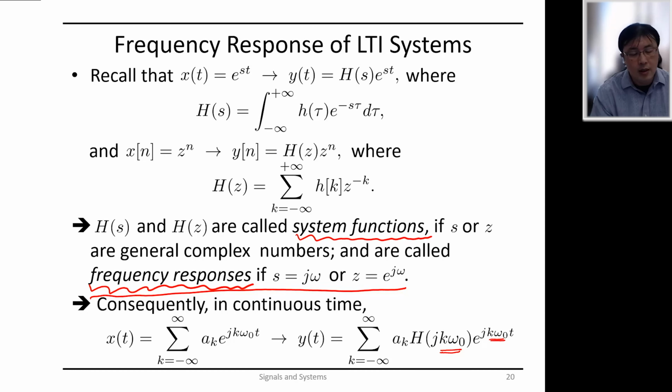You can see here that by passing a signal through a linear time invariant system, the signal is modified. This linear time invariant system modifies each frequency component individually, using this gain here.